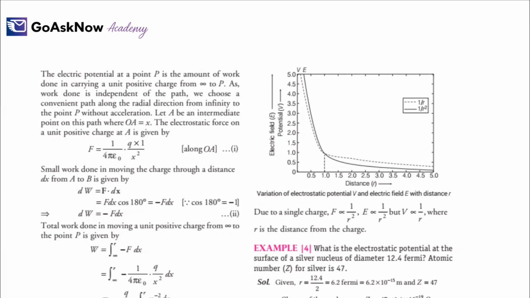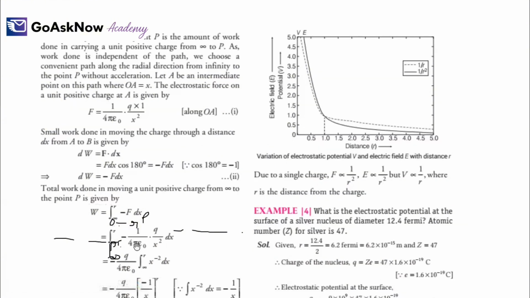So the total work done in moving a unit positive test charge from infinity to the point P is given by the integration, where the initial point is infinity and the final point is small r, because your point P is at a small r distance from the origin. By substituting the value of F, you will get an expression like kq by x squared dx.